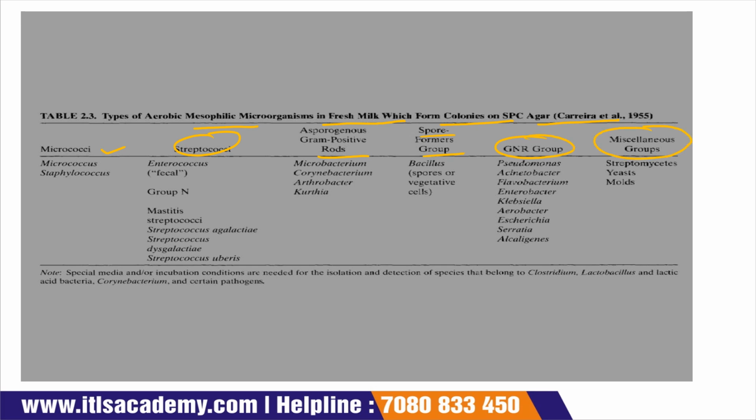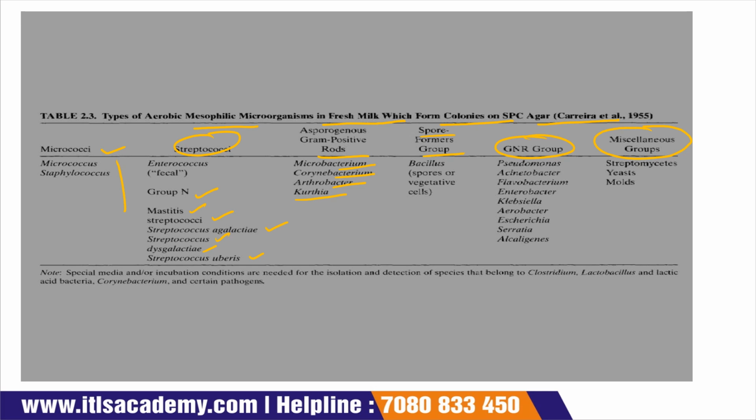Micrococci contain Micrococcus; streptococci contain the Enterococcus group and mastitis streptococci such as Streptococcus agalactiae, Streptococcus dysgalactiae, and Streptococcus uberis. Asporogenous gram-positive rods contain Microbacterium, Corynebacterium, Arthrobacter, and Kurthia.